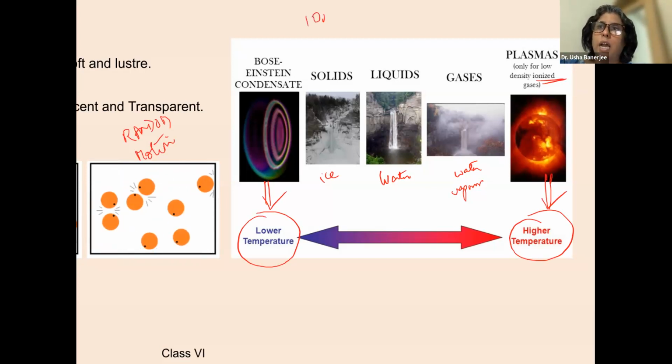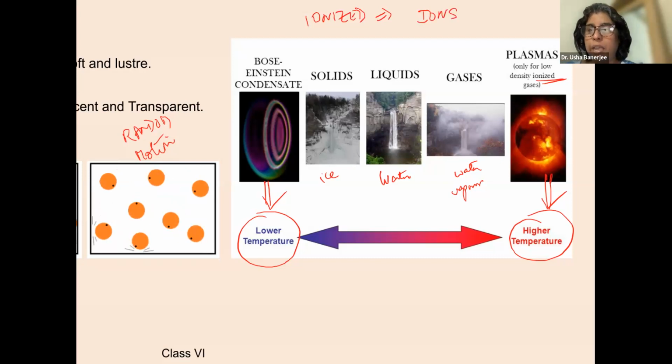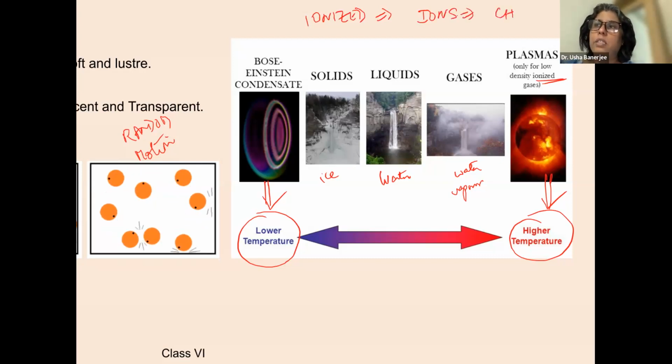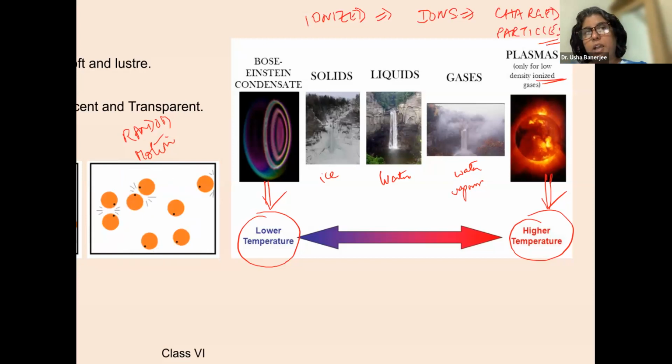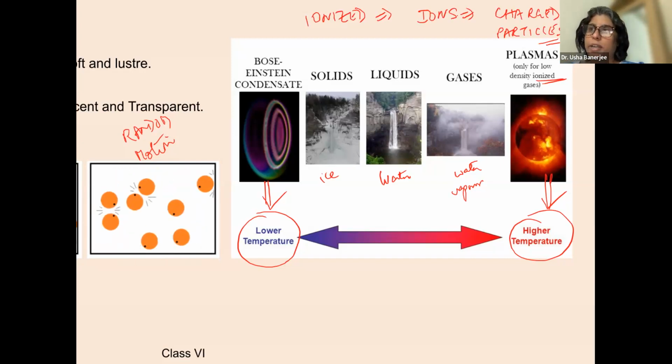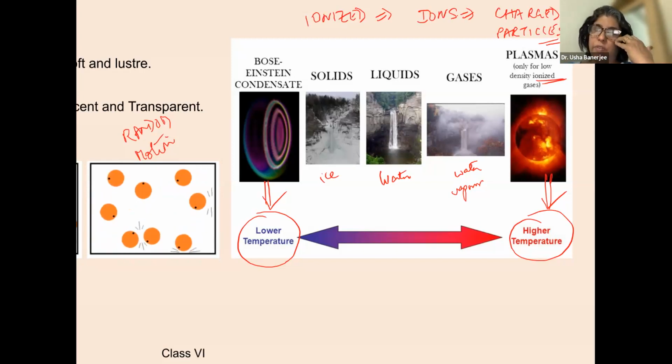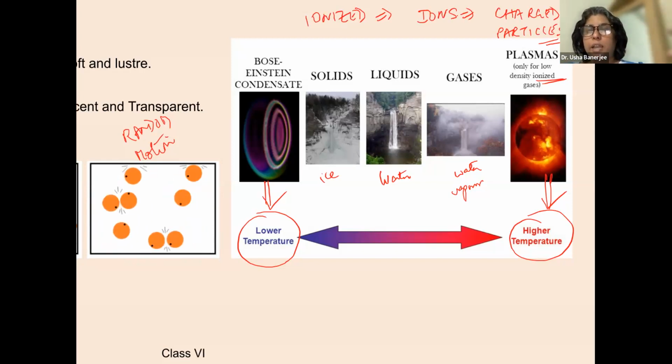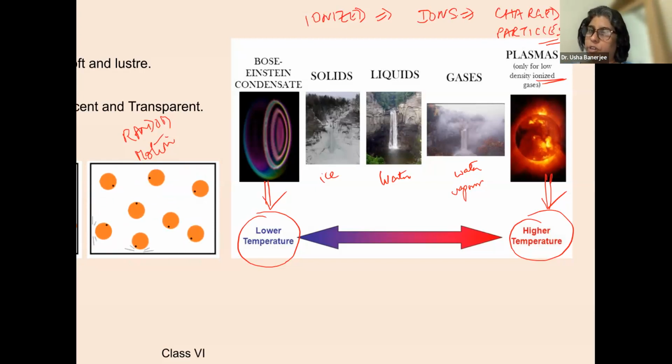What does this word ionized mean? The word ionized comes from ions. And what are ions? They are charged particles. So they have electric charges on them. So they are called ions, right? Now, where is plasma? As I told you, the best example, sun is a, yeah, absolutely correct, Rushang. So at temperatures above 5,500 degrees centigrade, plasma can also be created in laboratories, right?